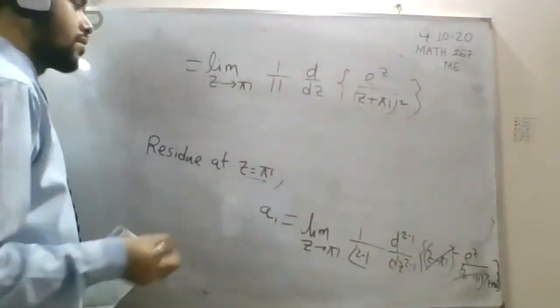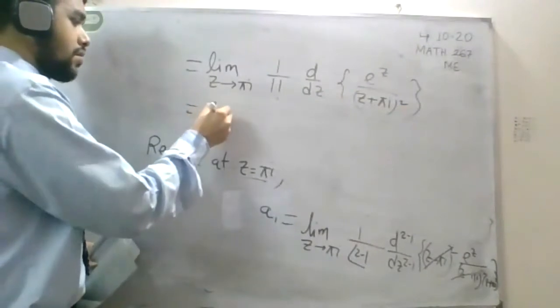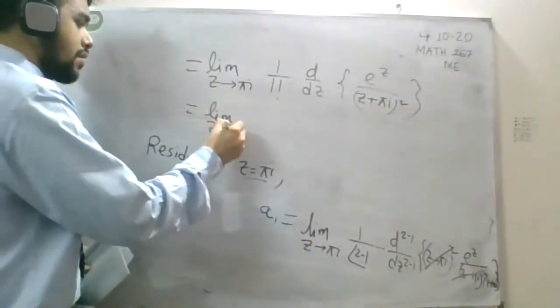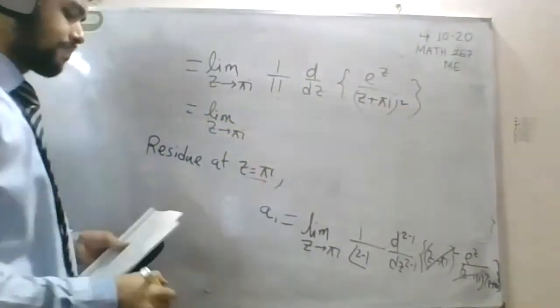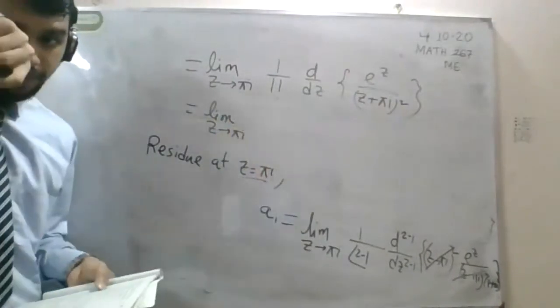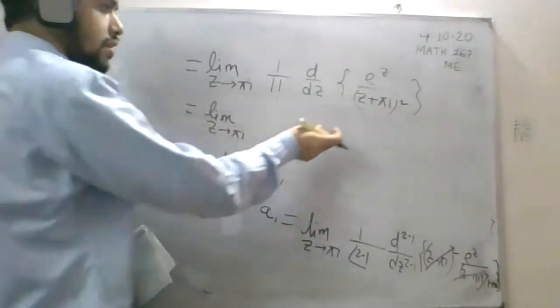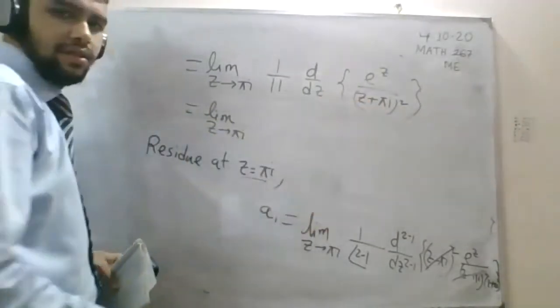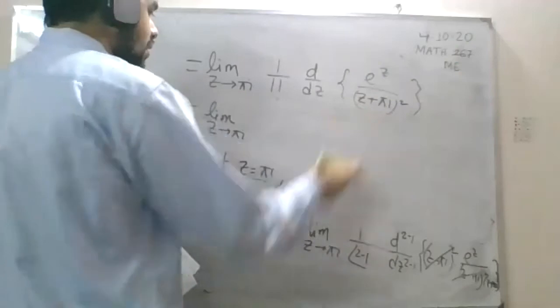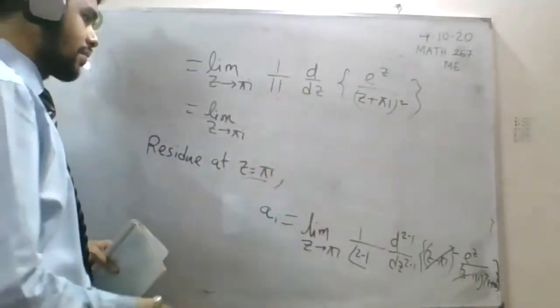Then, can you tell me what to do now? Just differentiate. Yes, just differentiate this, and this is also the u by v method.